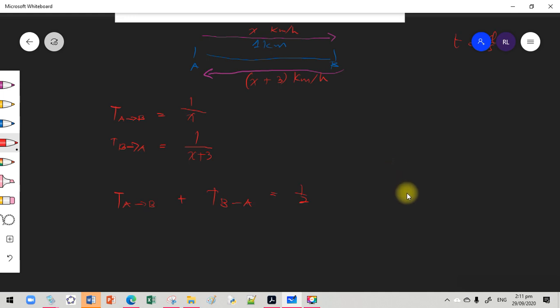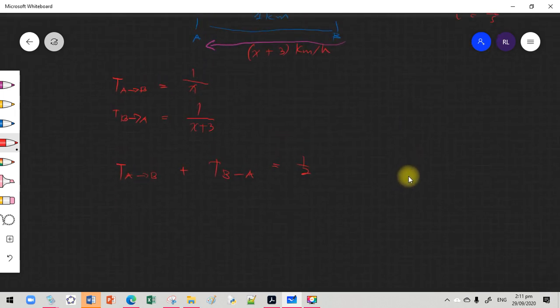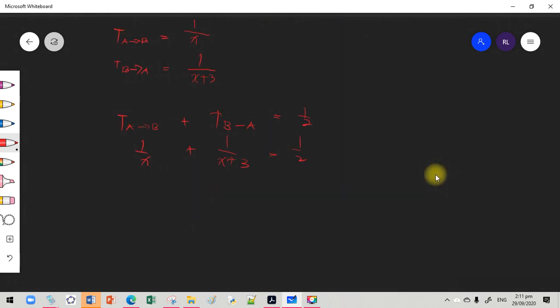Then we are ready to substitute. 1 over x plus 1 over x plus 3 equals 1 half. So it's pretty much the same as our original equation, or problem 1. We have the LCD as 2x times x plus 3.